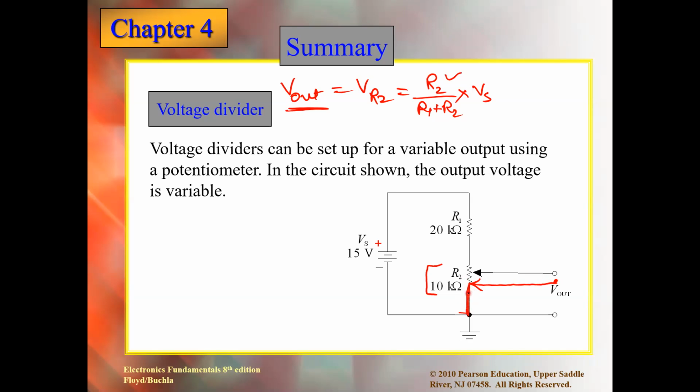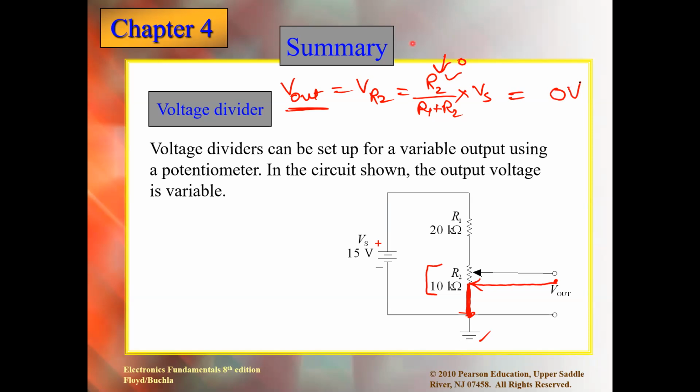Exactly, it is zero because it is a short circuit now, and the resistance between this point and this ground is basically zero. So when we put the value of R2 as zero in this formula, what will we get? Will it be zero? Because R2 is zero, we will be getting 0 volts at that time.